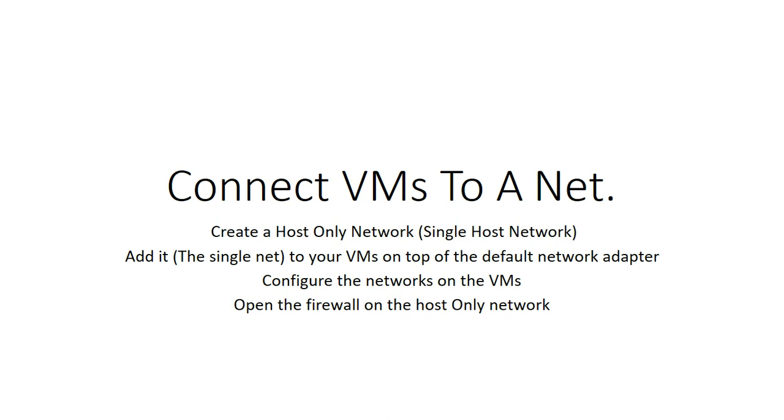Here what we want is to have our virtual machines connecting to each other so that maybe they can share data, they can share resources, right? So this is the outline of the whole process. The first thing is to create a host-only network.